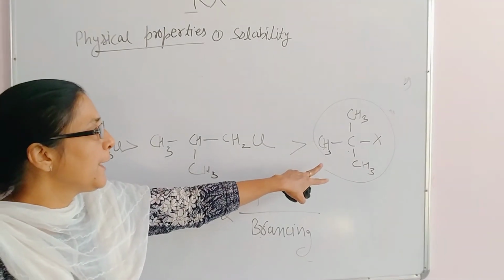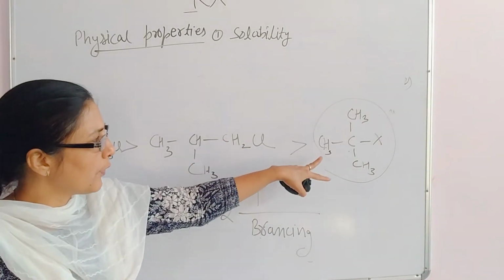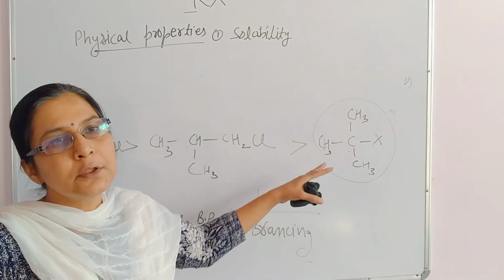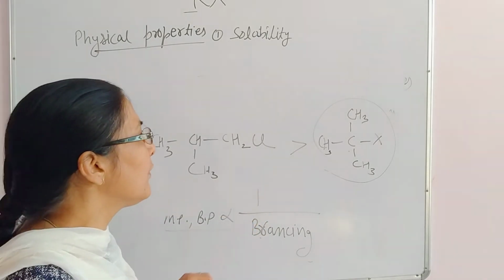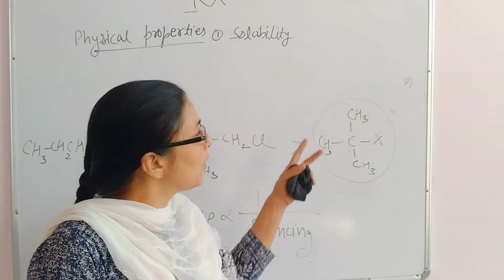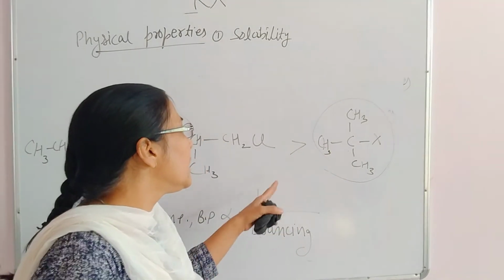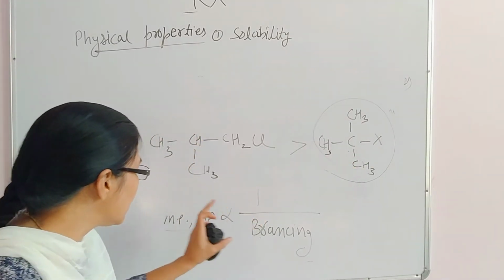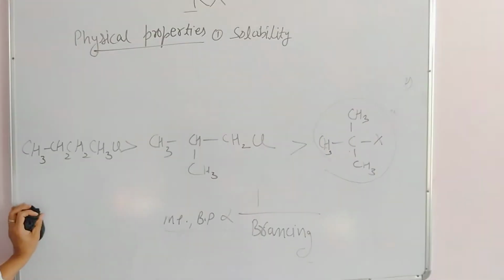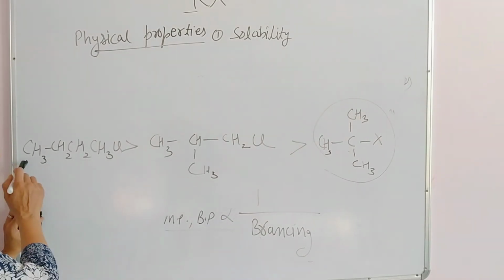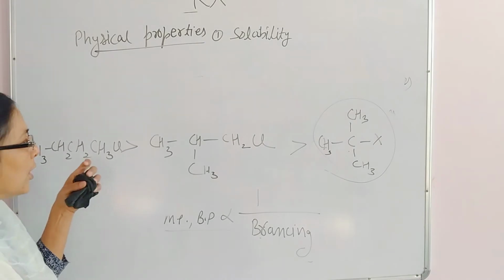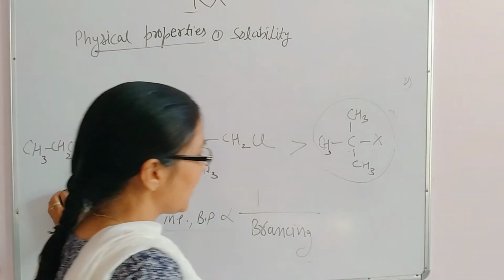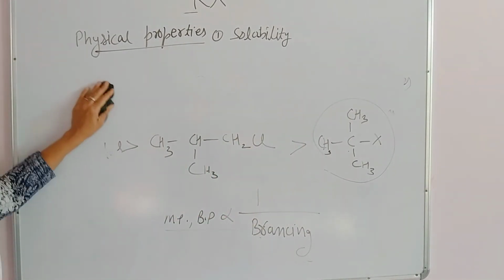So the surface area decreases, then van der Waals forces decrease, meaning the molecules are already far apart. With van der Waals forces decreased, they will boil at a lesser temperature. It means as branching increases, the melting point and boiling point decrease. So the highest melting point and boiling point belong to the compound without branching as compared to the branched compound.